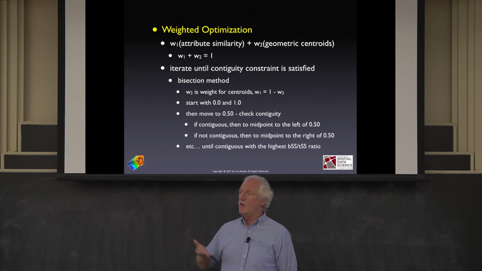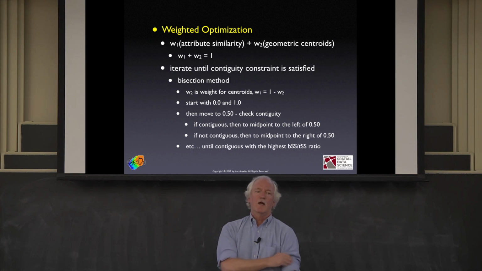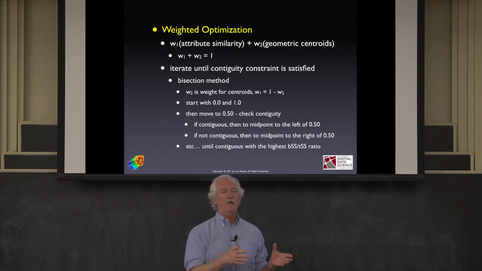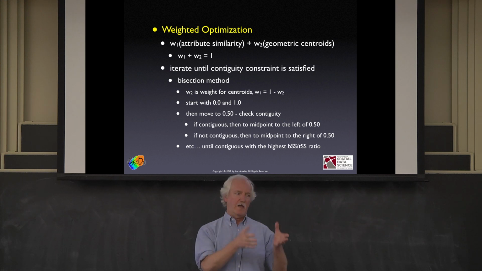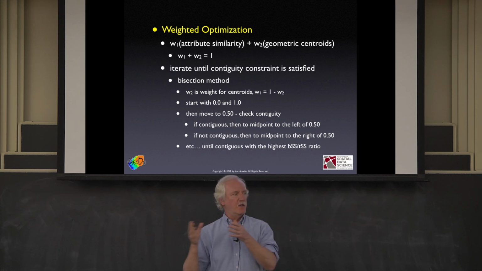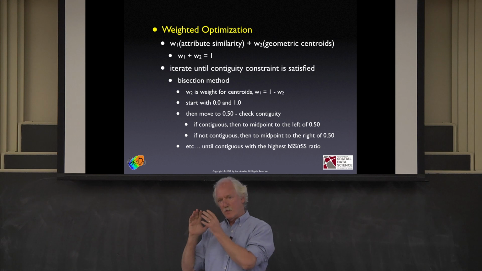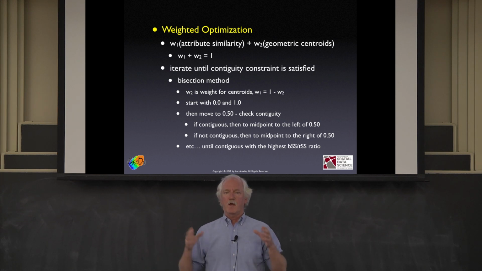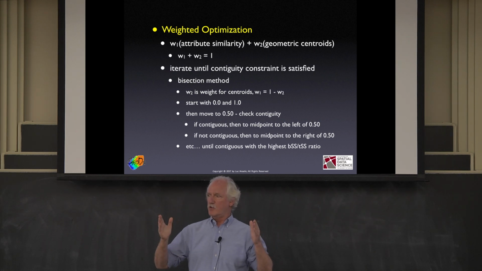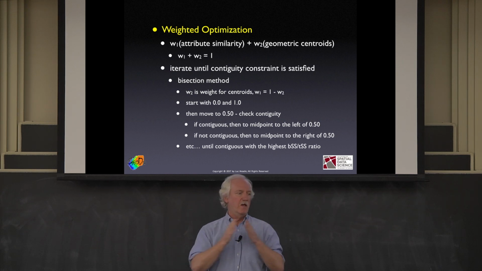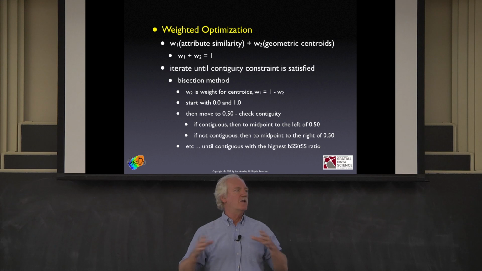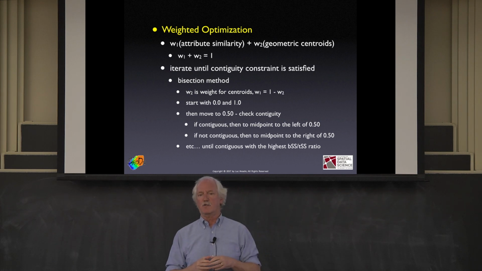And we want to have that as high as possible. And obviously, if we do k-means, which is, let's say, the weight for the distance is 0, we get the k-means solution. And if we do weight 1, then we get just a centroid solution. Right? And so these, in some sense, are extremes. The optimal solution, in the sense that it satisfies contiguity and gets the best possible value for your objective function, is somewhere in between. And that is an ideal setup for a bisection search.